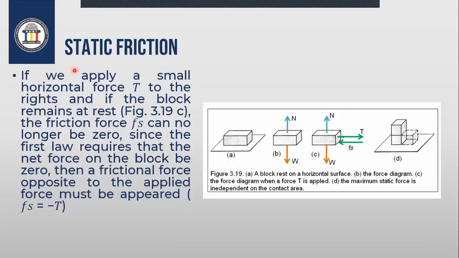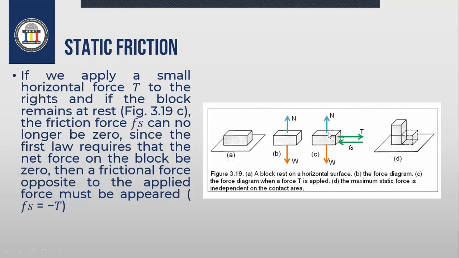Okay, if we apply a small horizontal force, now I am applying a small horizontal force to the right, and if the block remains at rest, the friction force can no longer be zero. So when you are applying the force, the T force, and the object still remains at rest, that means the friction force is not equal to zero.